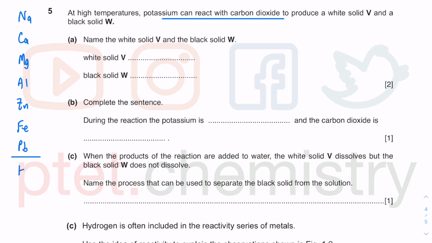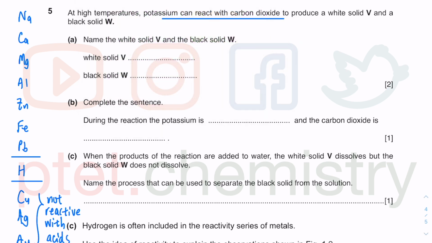Just below lead you have hydrogen, and then below that you have copper, silver, and gold. So these are below hydrogen. These metals are not reactive with acids because they are below hydrogen. They are not reactive with acids which contain H plus ions.